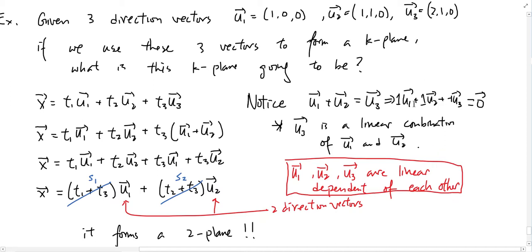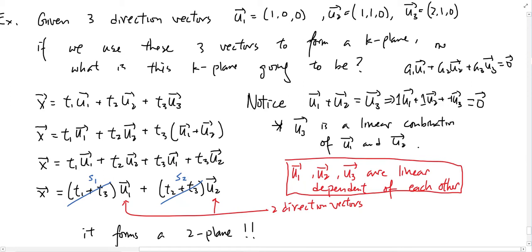So here, if I set the equation a1u1 plus a2u2 plus a3u3 equal to the 0 vector, I know at least one other solution.